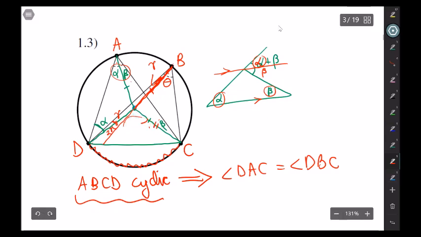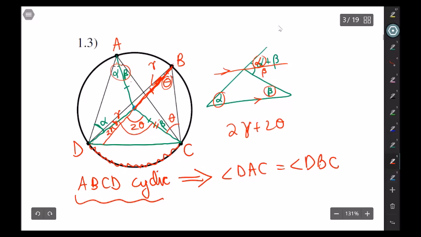So that thing is 2 gamma, and the rest of it is what? Because this portion is theta, that portion is also theta, so that would be 2 theta. Therefore this whole central angle is 2 gamma plus 2 theta.